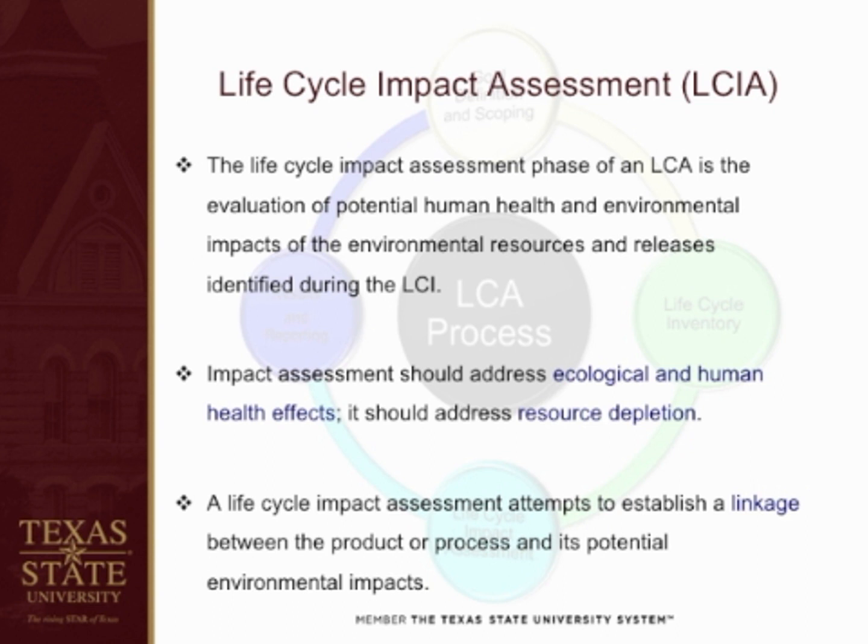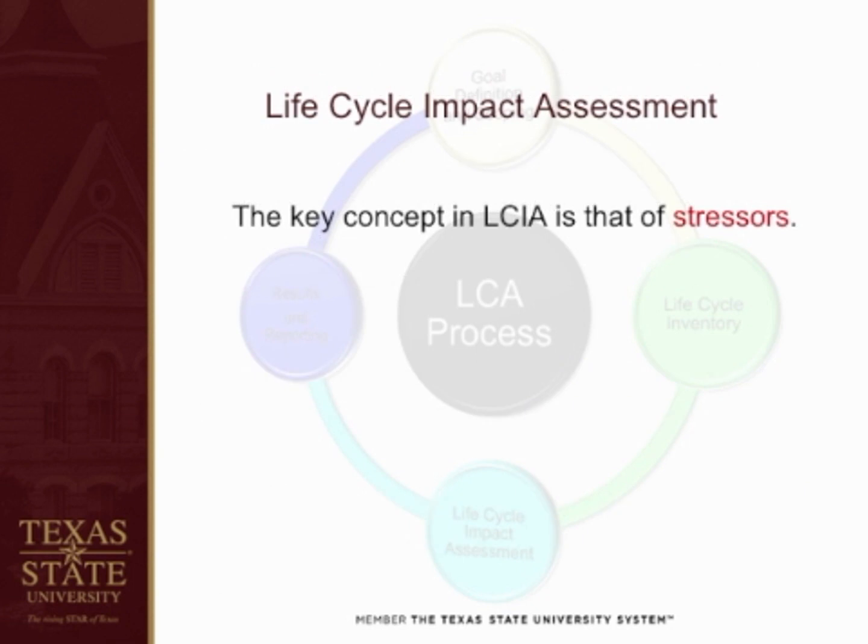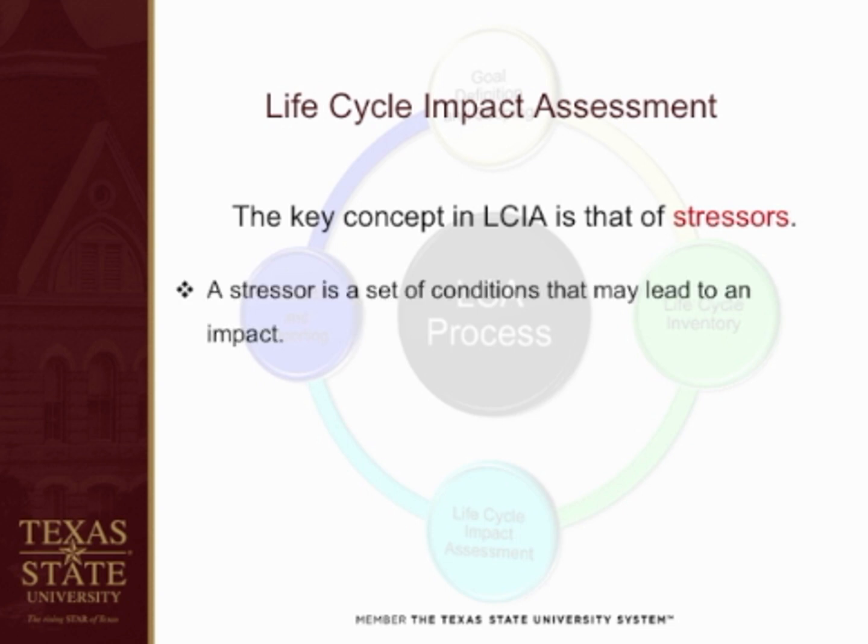So life cycle impact analysis basically tries to provide a linkage between product and process and their environmental consequence. Now, closely tied to impact analysis is the concept of what we call a stressor. A stressor or stressors are a set of conditions that may lead to an environmental impact.